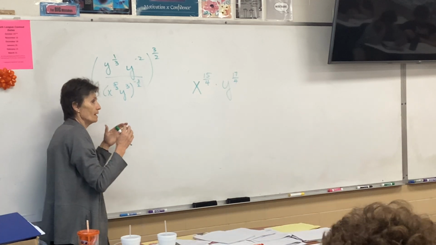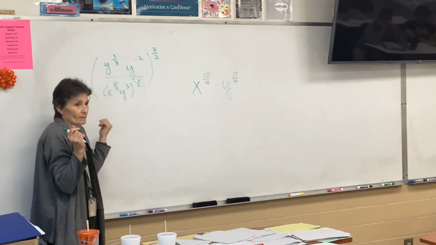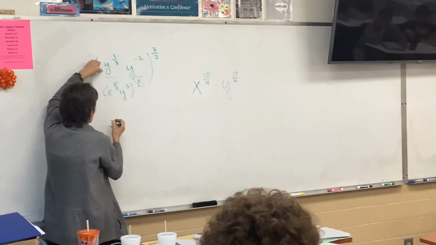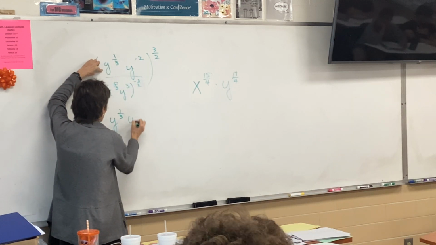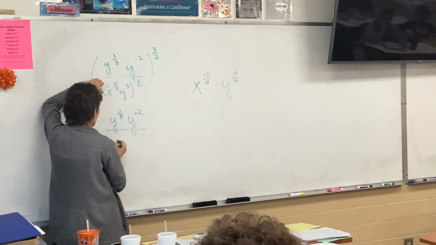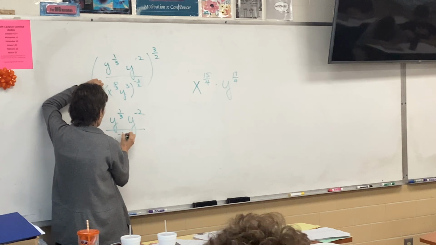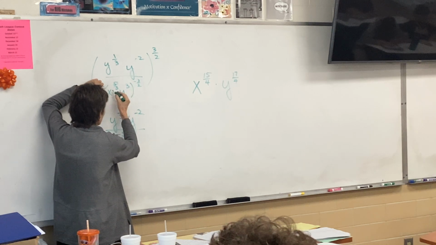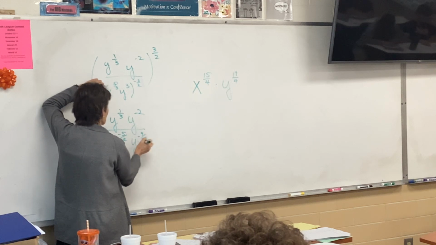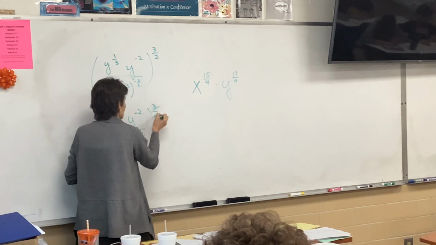So what do you want to do first? Get rid of the -3 over 2. You mean just by distributing it? Yeah. So then we have x to the -5/2, I'm multiplying my exponent, and y to the -9/2. Okay, so that takes care of that, and then the whole thing is still in 3/2.